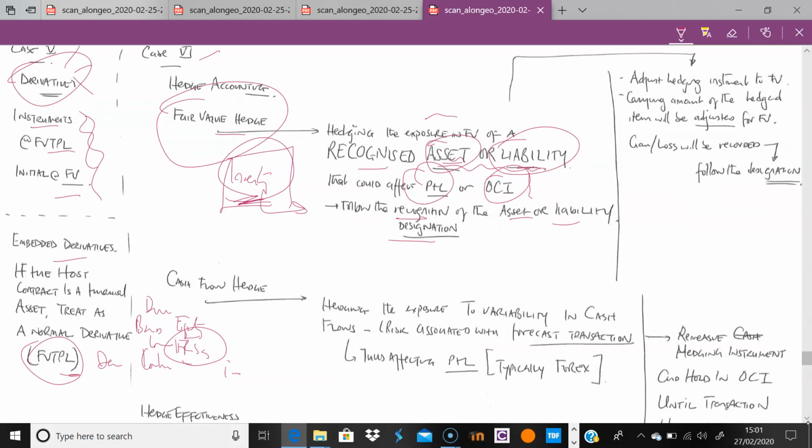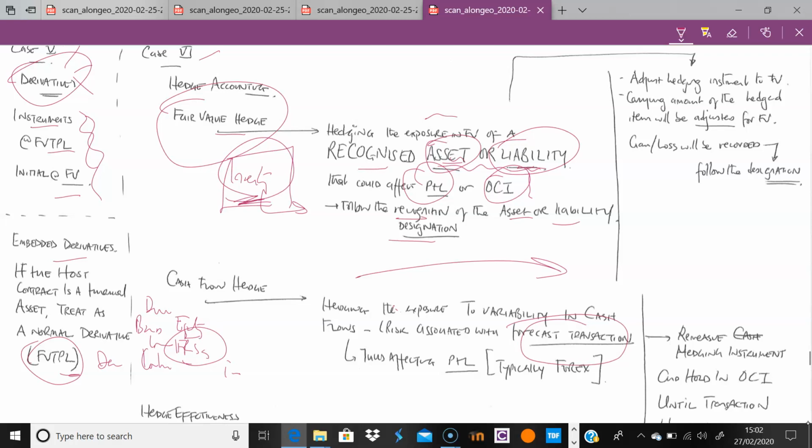But typically with a cash flow hedge, what we're trying to make sure is that we intend on buying something in the future. So we intend on carrying out a particular transaction. So we have a forecast transaction and we want to be sure, typically with a Forex movement, that we're able to pay for this thing that we intend on buying in the future. That's the plan.